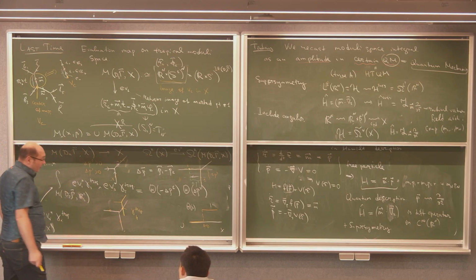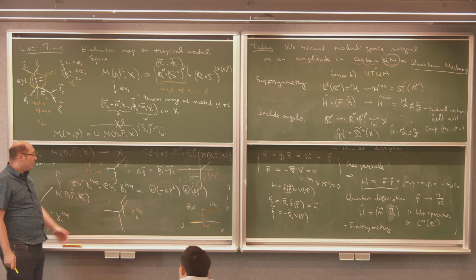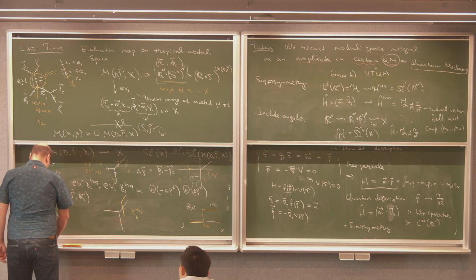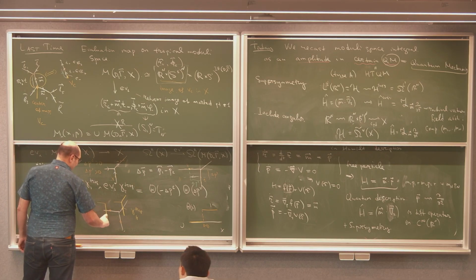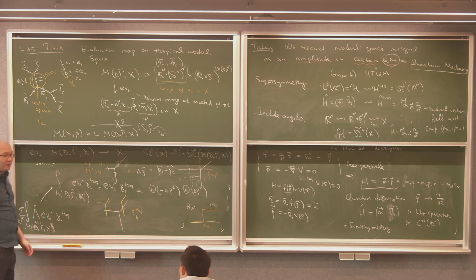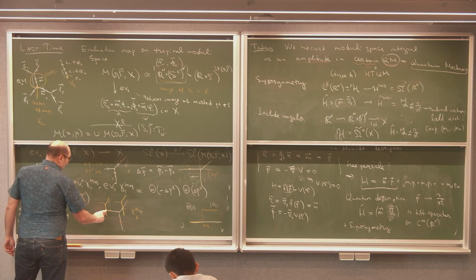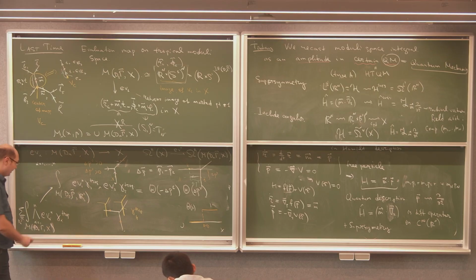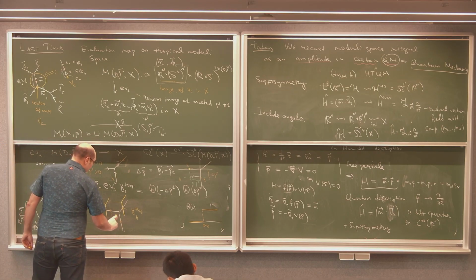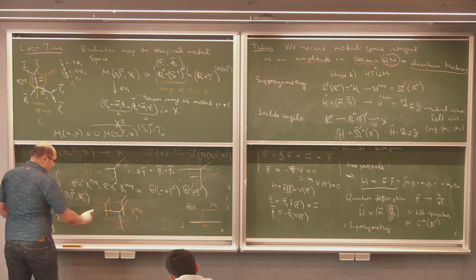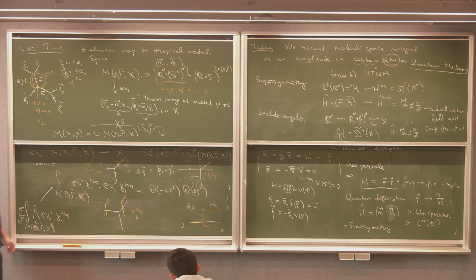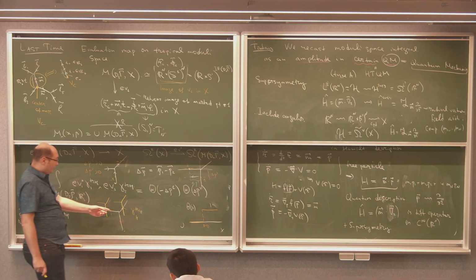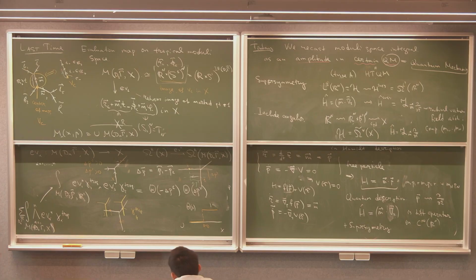But I can freely move this yellow curve without changing the intersection number. So I can imagine a situation where this yellow curve intersects our white curve somewhere here, and then I will have 3 marked points, and a pair of marked points, points 1 and 3, will be on the same ray.